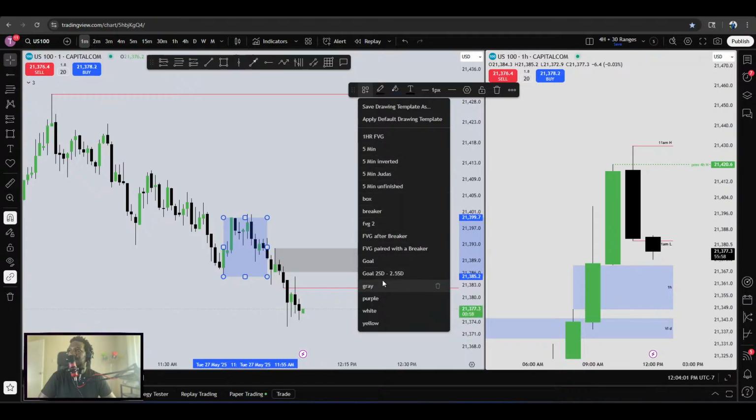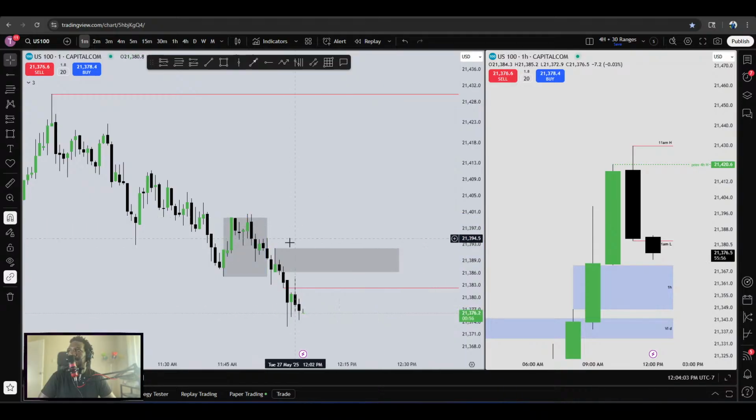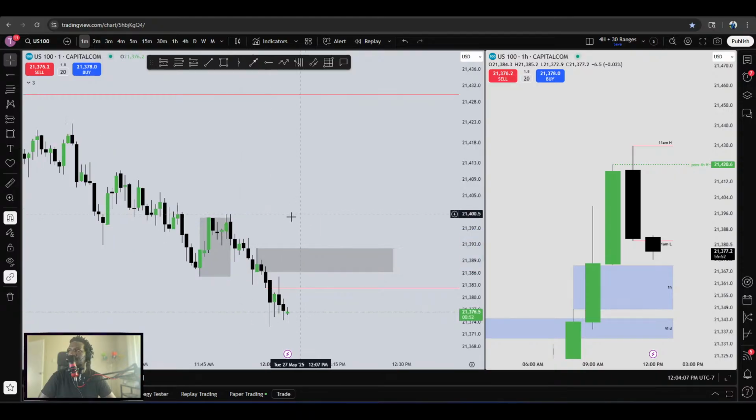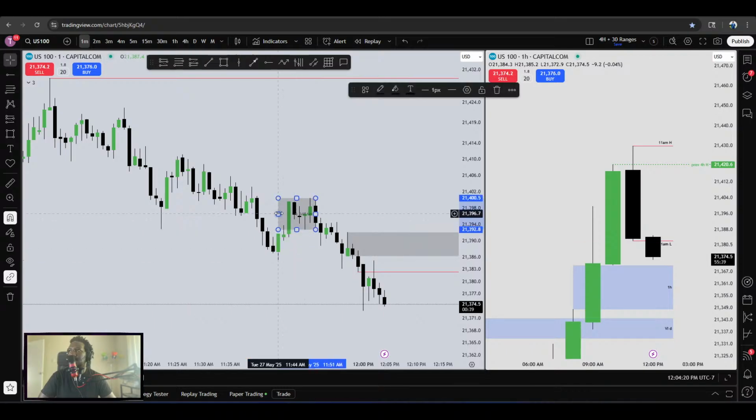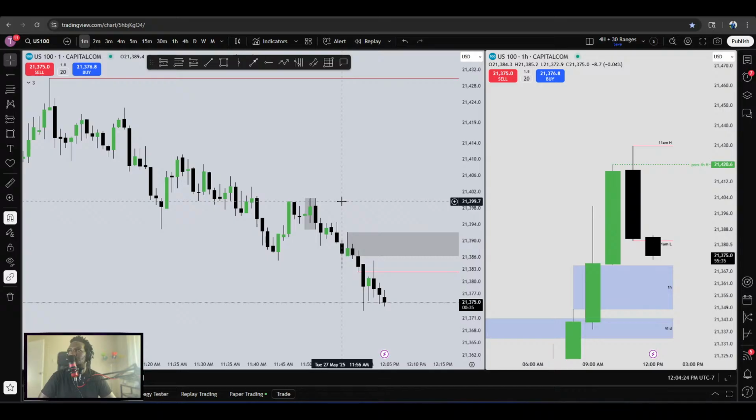I'ma just have it on the side there, gray. And pretty much this up candle too will be nice, because it's not inside of this one, so I'll just include that. That seems fair, but I need to see a candle close.